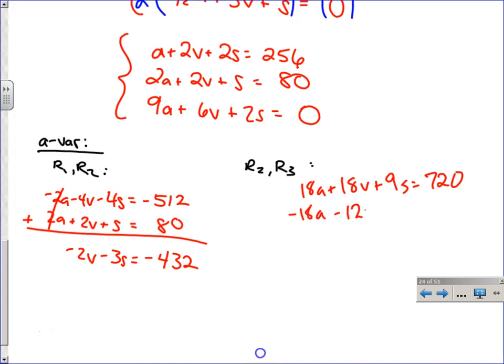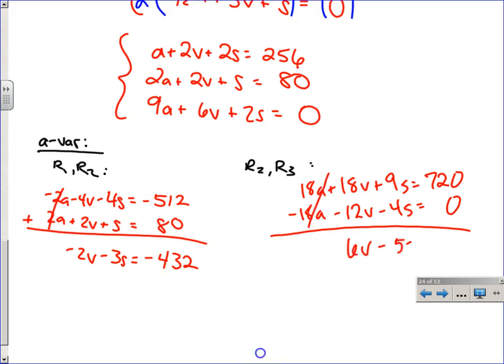A minus 12v minus 4s is equal to 0. I liked the 0. What are we doing every time, guys, when I'm multiplying my equations by different multiples, trying to get them to line up? What process is that called again? Good, elimination. Just doing elimination.